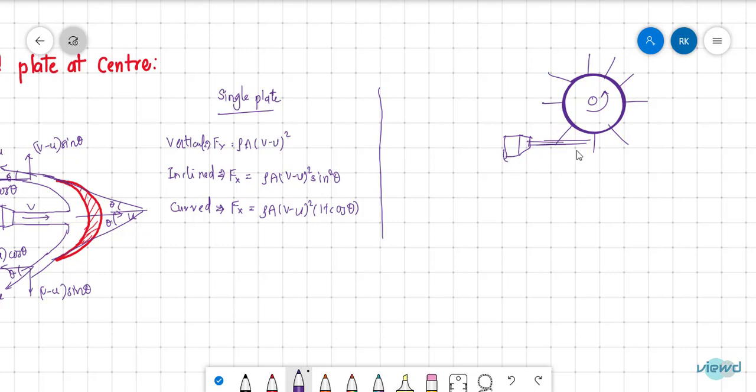In this case, the mass flow rate is equal to rho a v, just rho a v, not the relative velocity. This is because of how much mass is being utilized.